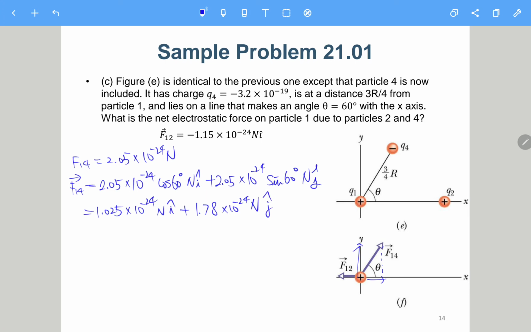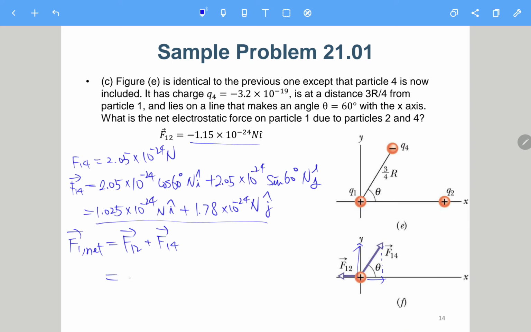Okay, so finally F1 net is F12 plus F14. You can simply find that this is F12, this is F14. So along the x-axis, we have this one subtracting this one.